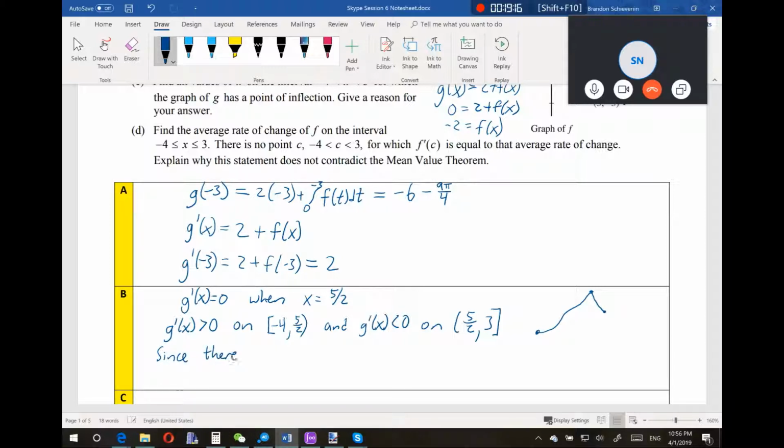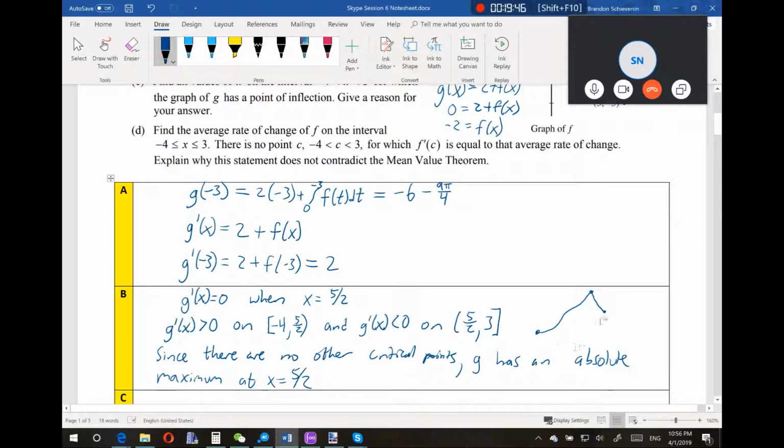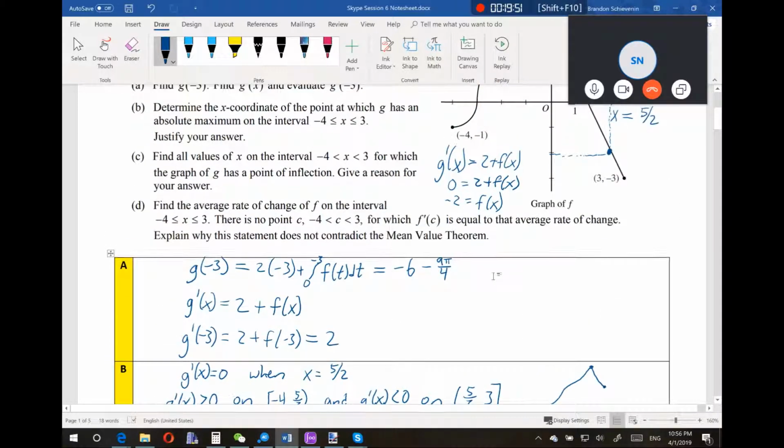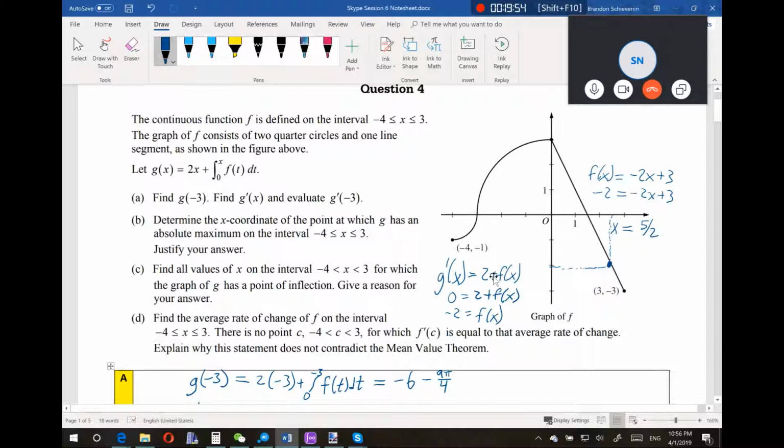Since there are no other critical points, g has an absolute maximum at x equals 5 over 2. Normally we would test the start point and end point, but we have enough information that we already know the start point and end point are lower in y value than that relative maximum. Okay, that was the tricky part.